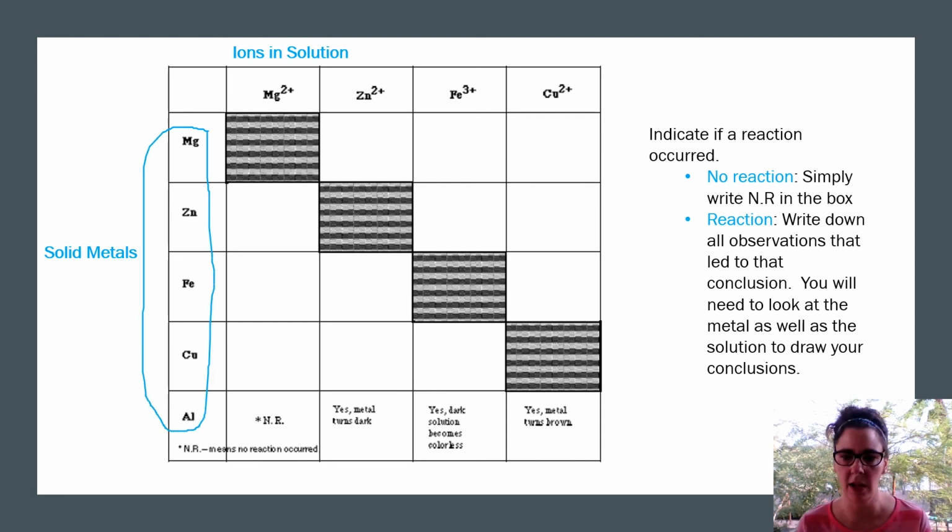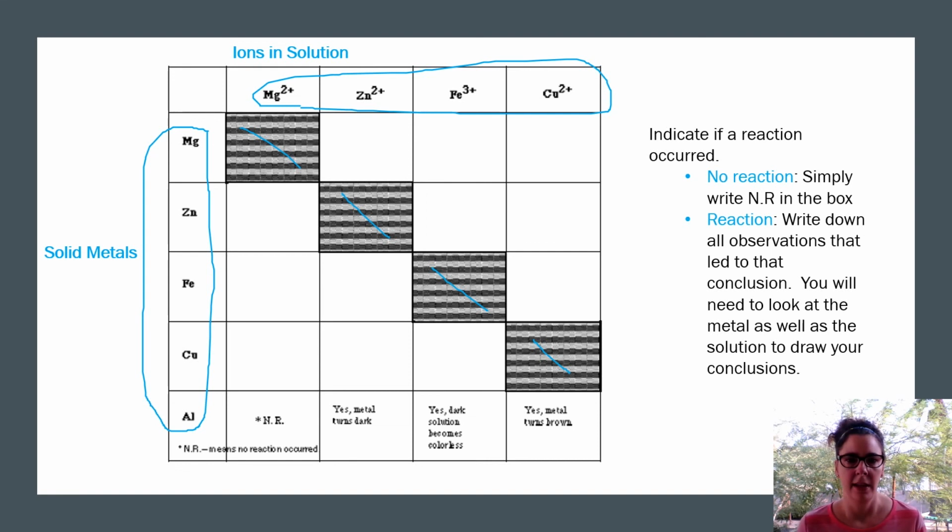So this is the solid metal. We're going to actually place these metals into the test tubes. So that's your metal. On this other side here in the rows, these are the solutions being poured in. We have these X's here, so we're not going to put a solid chunk of magnesium into a solution of magnesium.